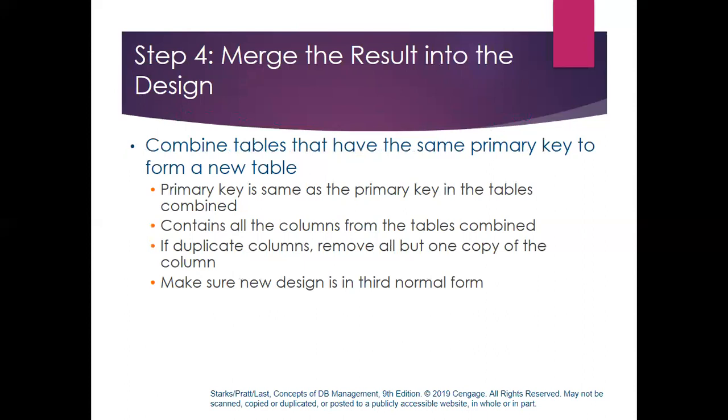The primary key of the new table is the same as the primary key in the tables combined. The new table contains all the columns from the tables combined. If there are duplicate columns, remove all but one copy of the column. Make sure the new design is in third normal form.